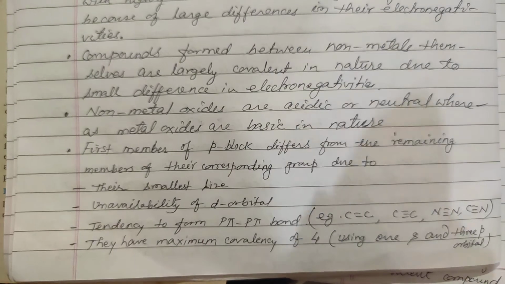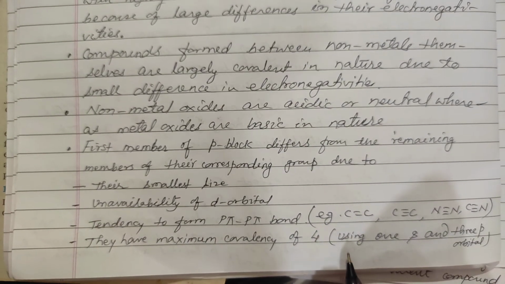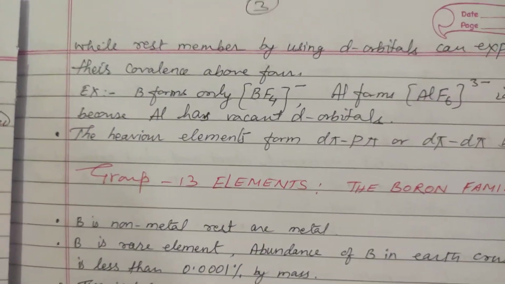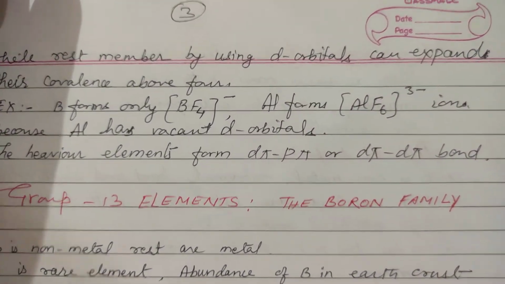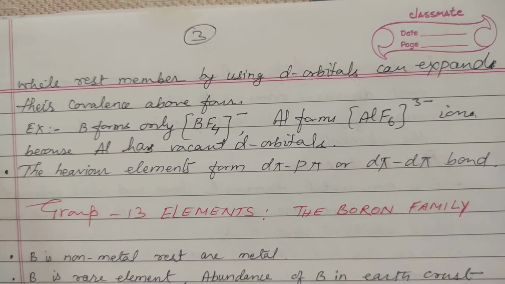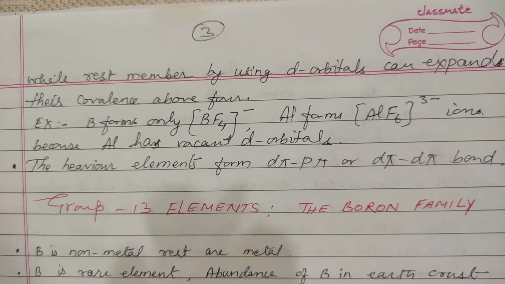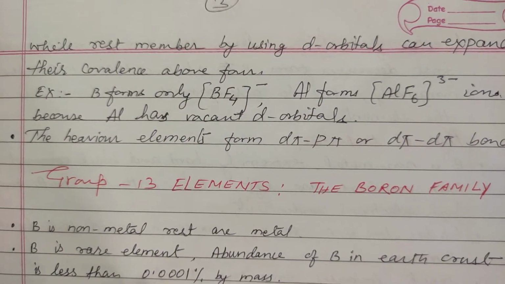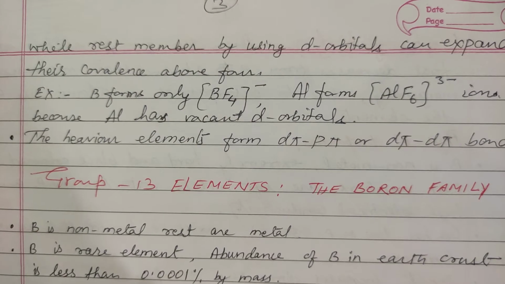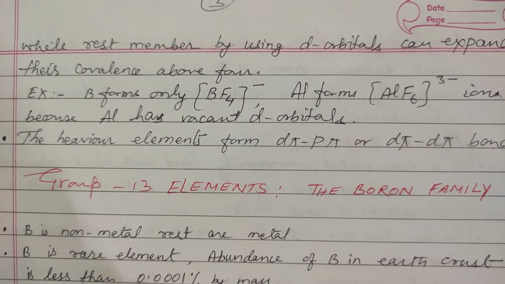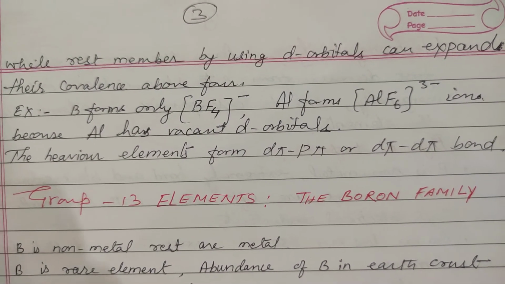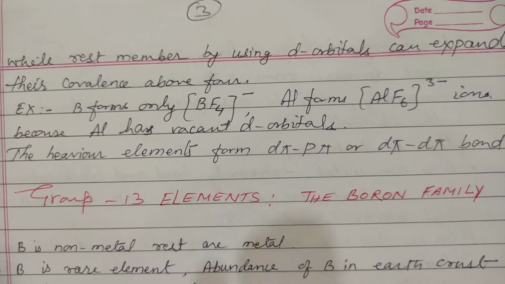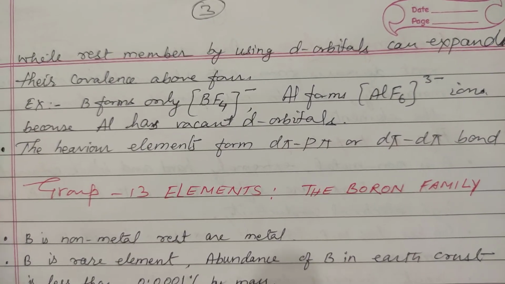They have a maximum covalency of 4 using 1s and 3p orbitals, while the rest of the members, by using d orbitals, can expand their covalence above 4. Example, B forms only BF4 minus and Al forms AlF6 3 minus ions because Al has vacant d orbitals. The heavier elements form d pi-p pi bonds.